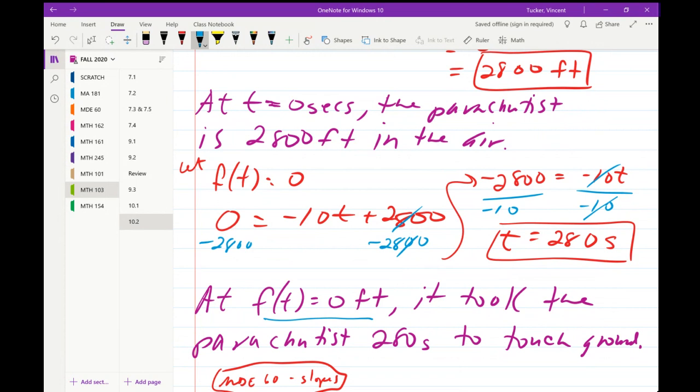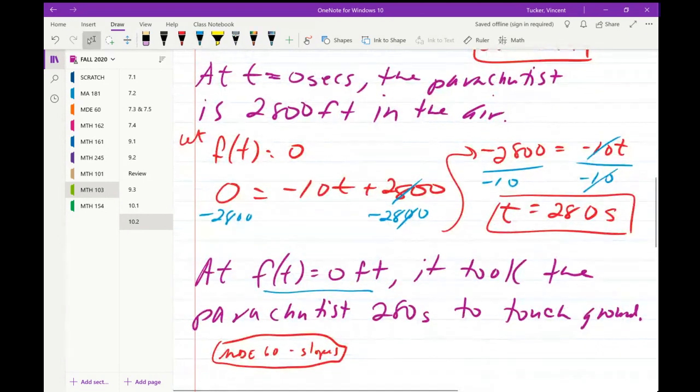So it took the parachutist 280 seconds to touch the ground. F of t was how many feet in the air? All right, questions.